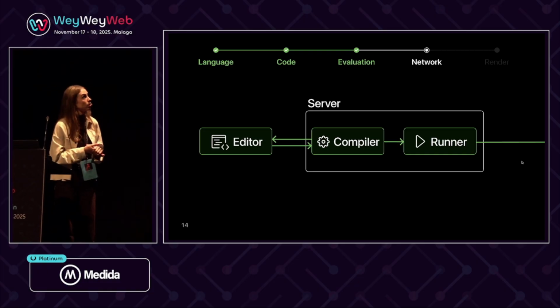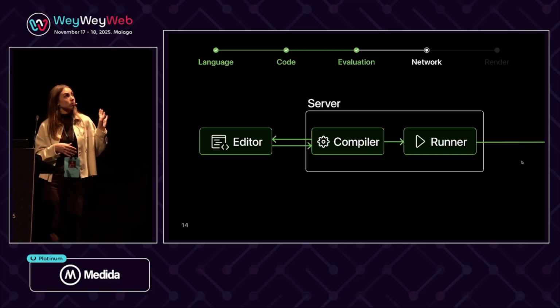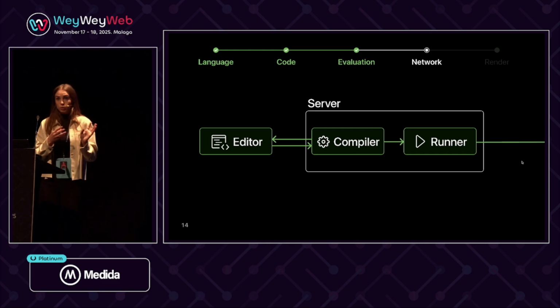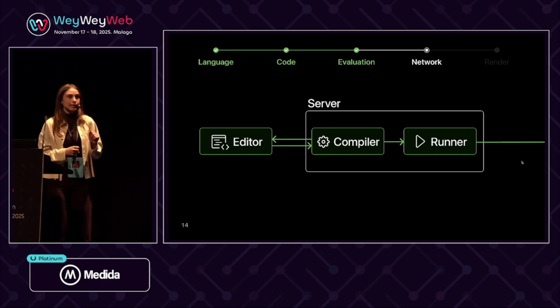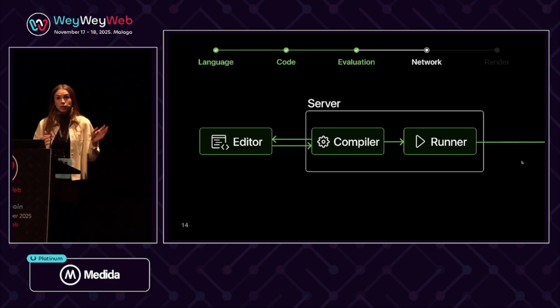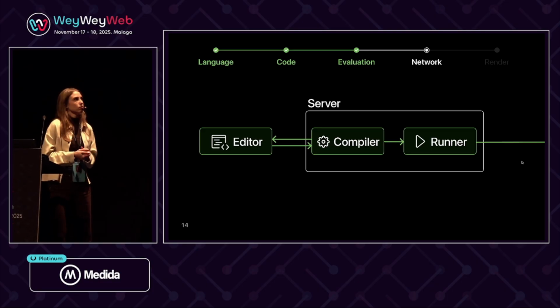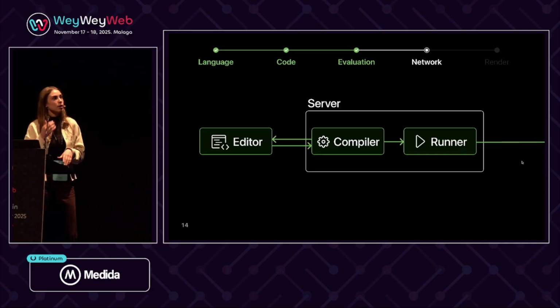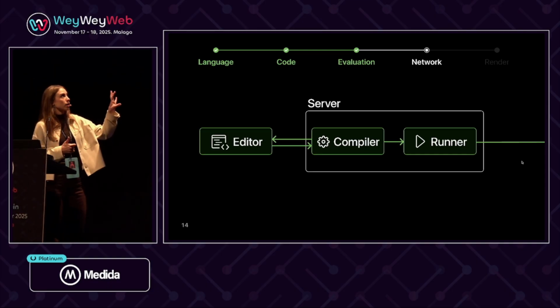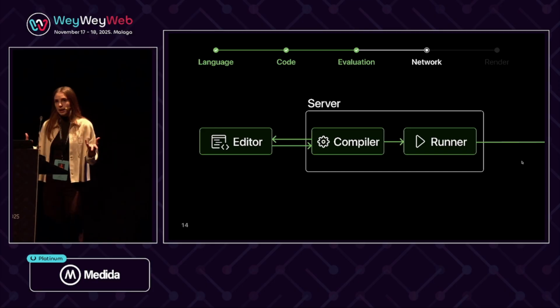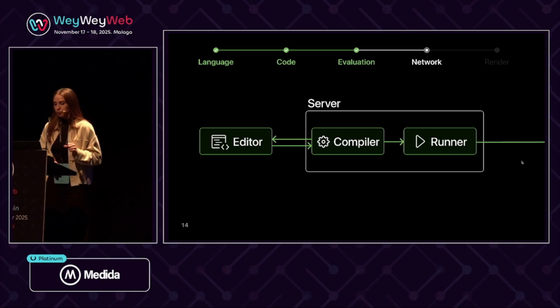So let's think about it. Our user code is in the editor, the browser-based IDE. This text is sent to a compiler where it is analyzed, and all this information about errors, warnings, highlighting, all of this is returned back to the editor, where we can display it using Monaco Editor.